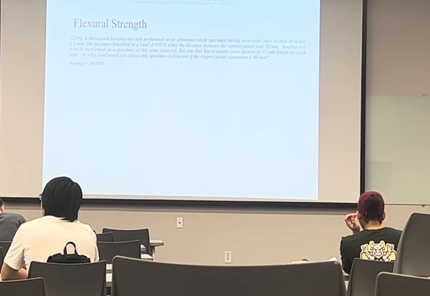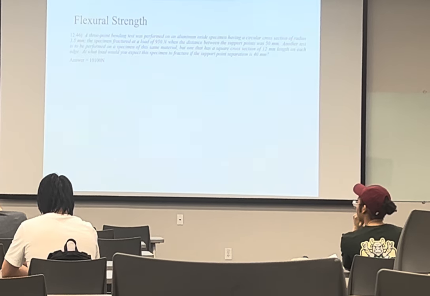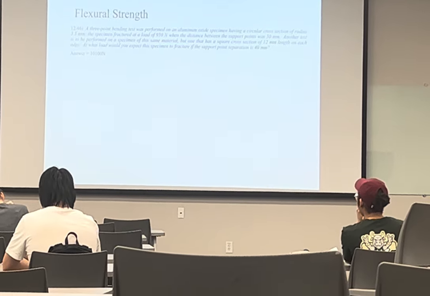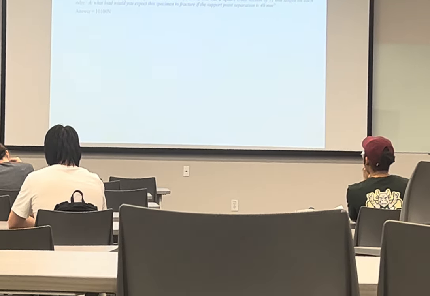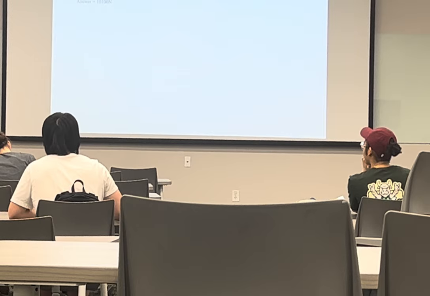Do you guys have any idea how to solve this problem? Well, we are given a first test in which the specimen fails at a specific force, which is 950 Newton.